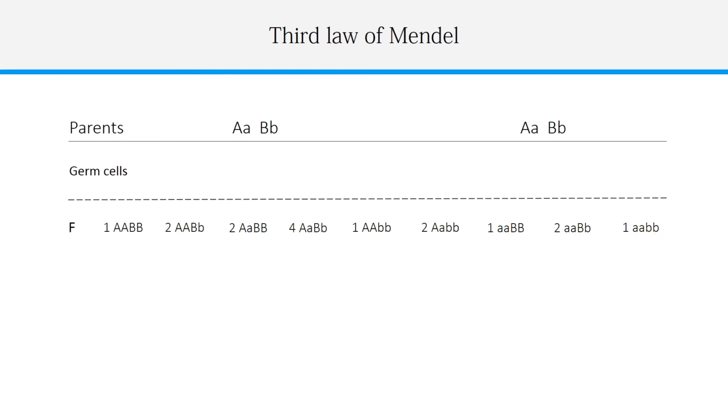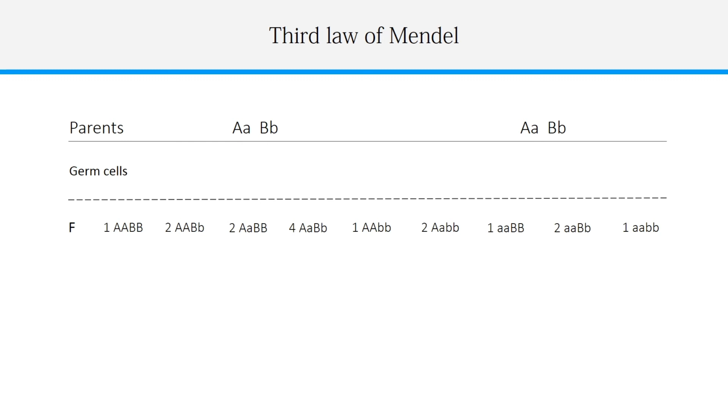And now when you see the different genotypes that may happen in the next generation organism due to combination of germ cells that came from one parent and from another parent, let's think about phenotypes.